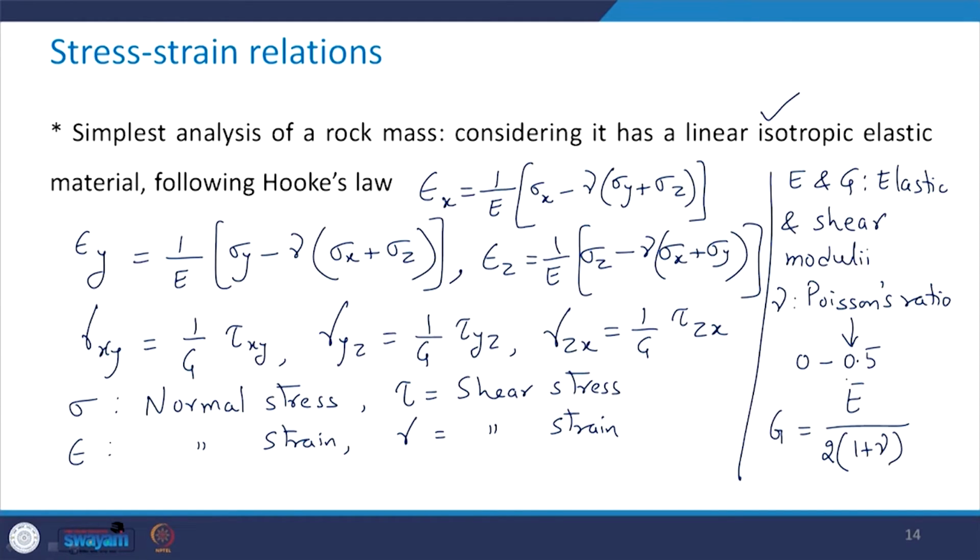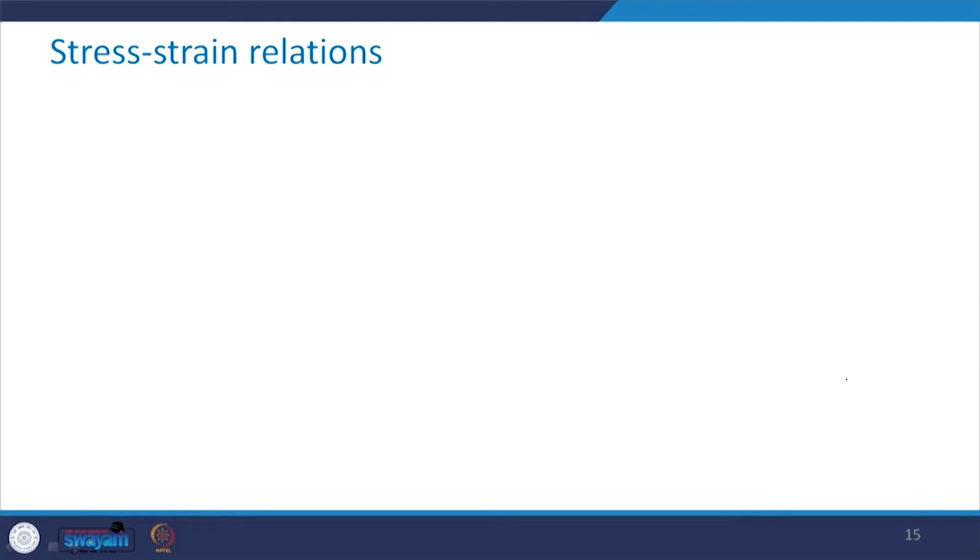So, you are aware of all these relationships. It is the basic elastic relationships when you have linear isotropic elastic material. Now, in the matrix form, how these stress strain relationships can be written, let us see.